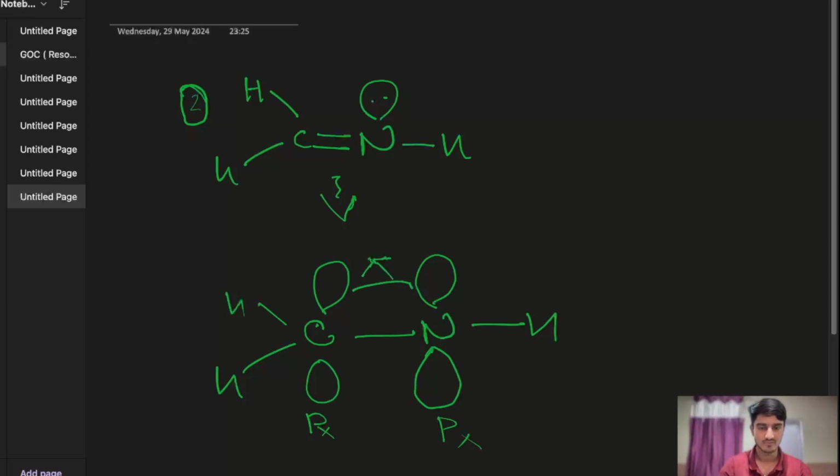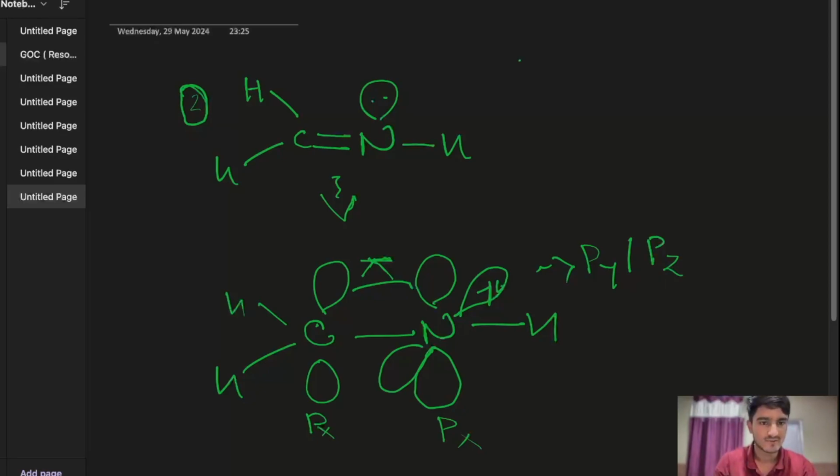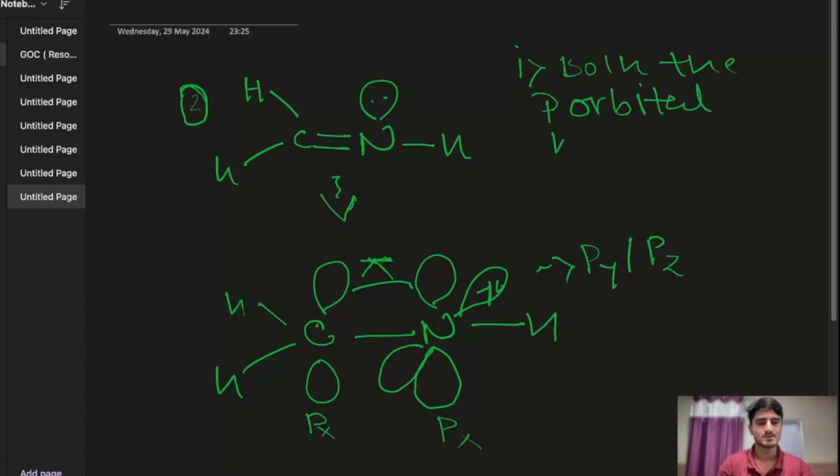Pi bond is formed by sidewise overlapping. So if a px orbital is used in forming a pi bond, then the lone pair must be in py or pz. It can be in py, it can be in pz. So what I taught you, both the p orbitals must be in the same plane.